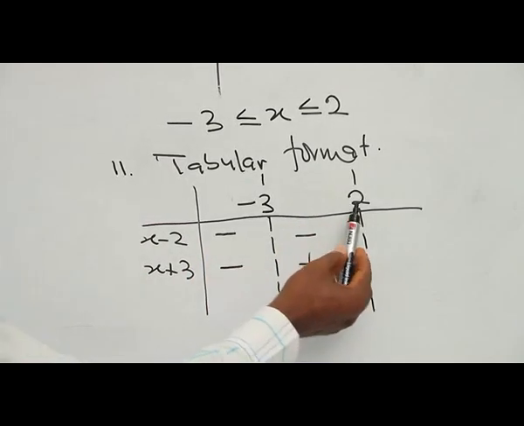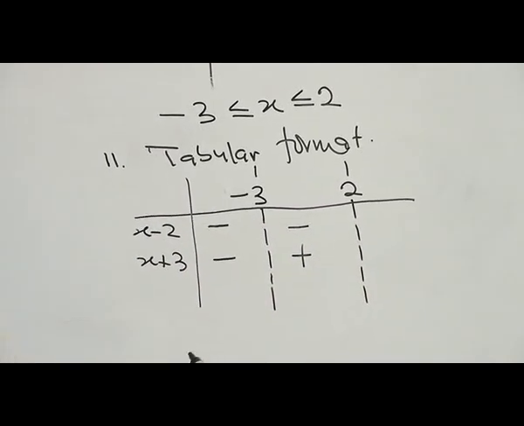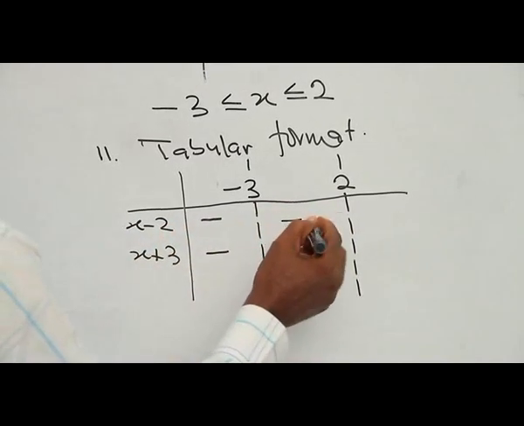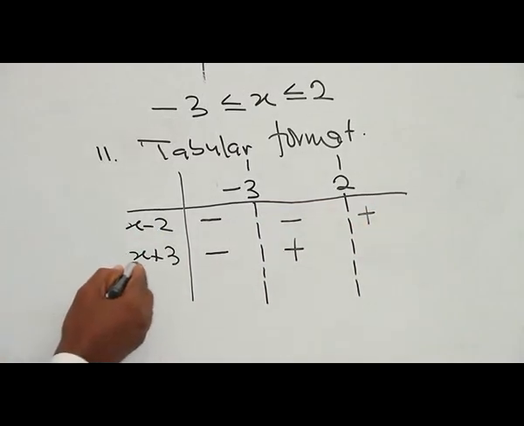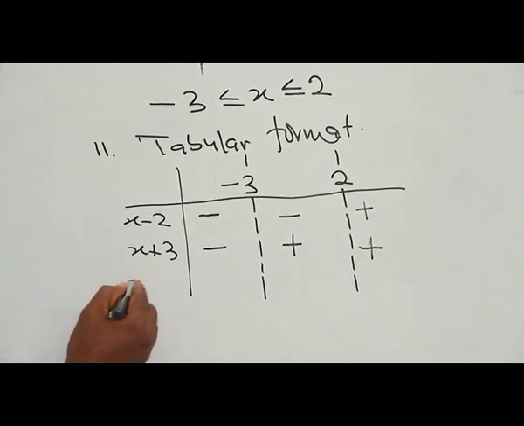Then take values above 2, greater than 2. You can take 3. 3 minus 2 is plus 1, so it is positive, while 3 plus 3 is 6, also positive. Now you roll across.